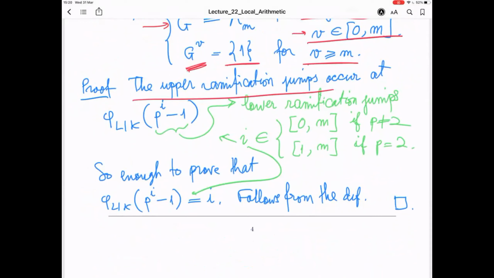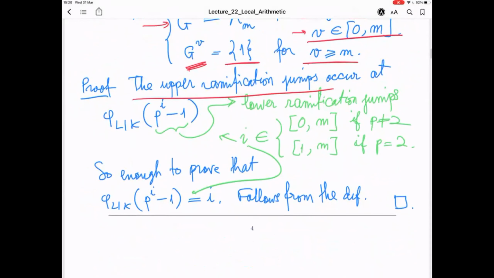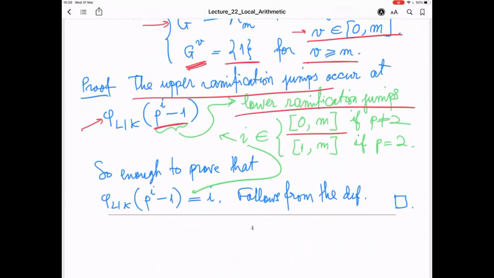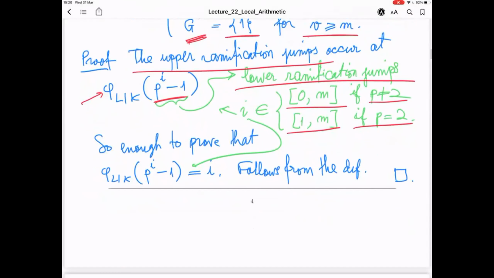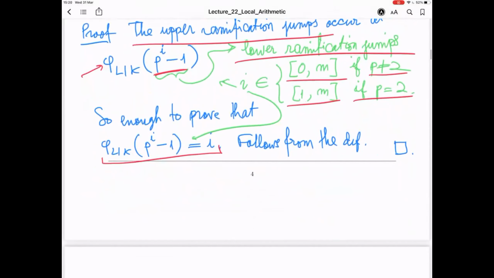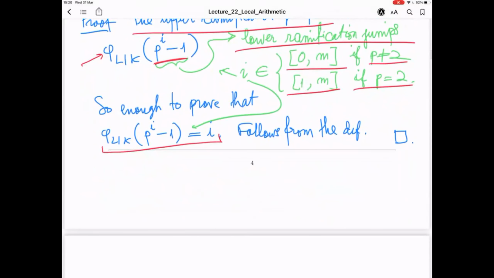We know that the upper ramification jumps occur at phi of these things. These are the lower ramification jumps, as we have just calculated, where i is in 0 to m if p is different from 2, and 1 to m if p is equal to 2. So it's enough to prove that phi of p^i minus 1 is equal to i.